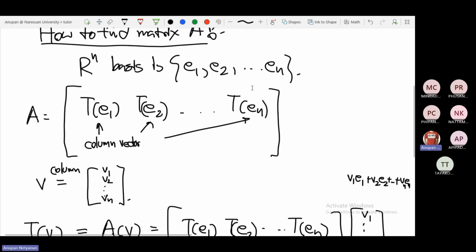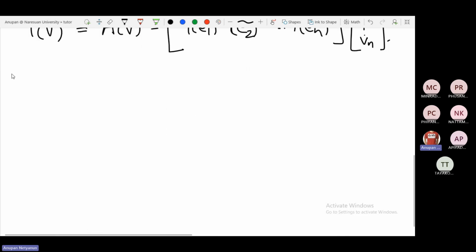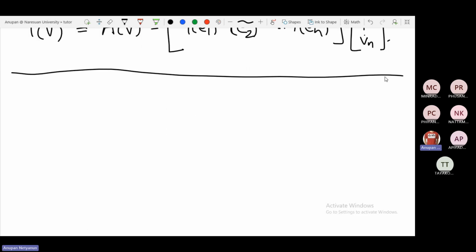Now, when you have this matrix here, we are going to study its properties.